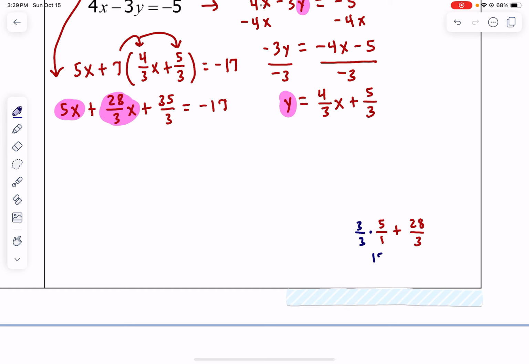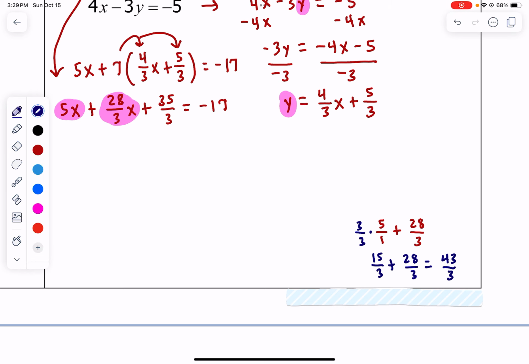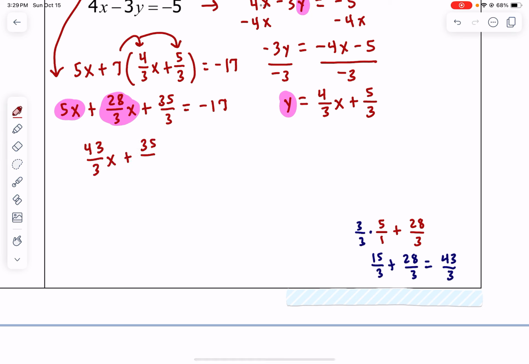You get 15 over 3 plus 28 over 3, which should equal, if I'm not mistaken, 43 over 3. Yep, 43 over 3. So now we can go back here. This would be 43 over 3x plus 35 over 3 equals negative 17.